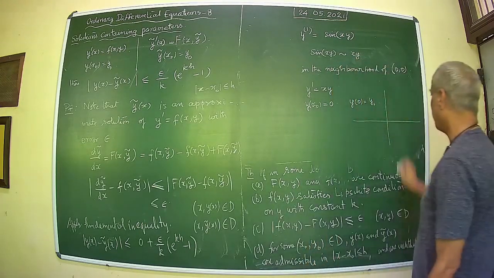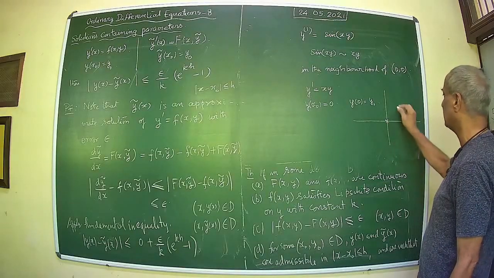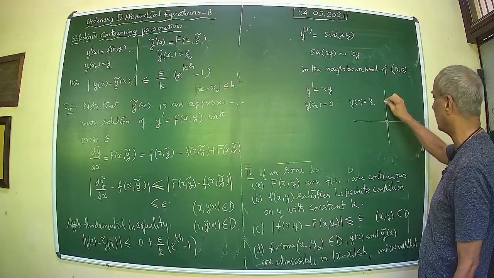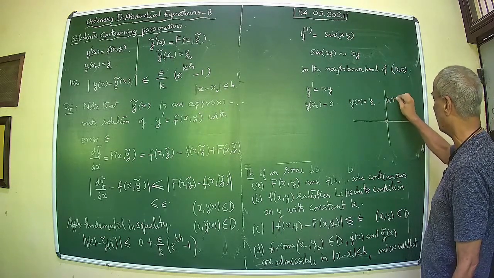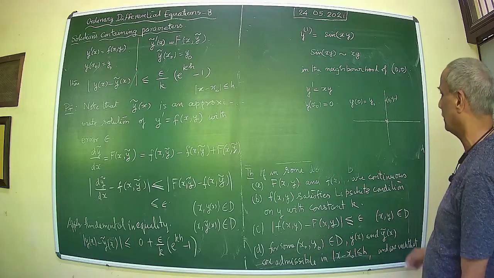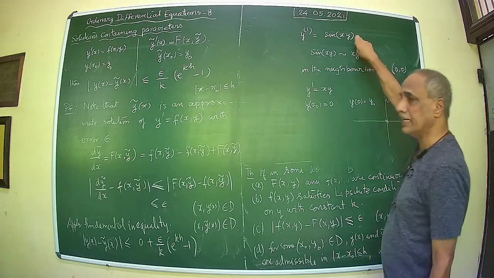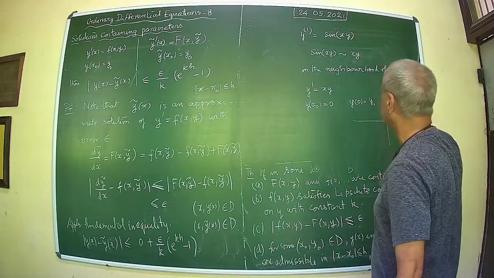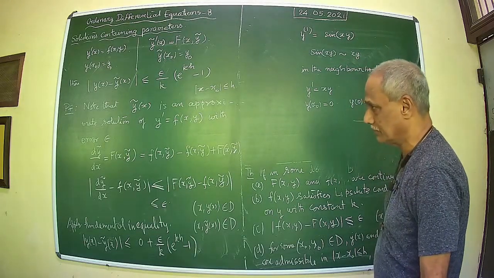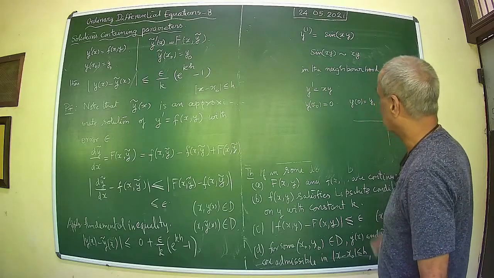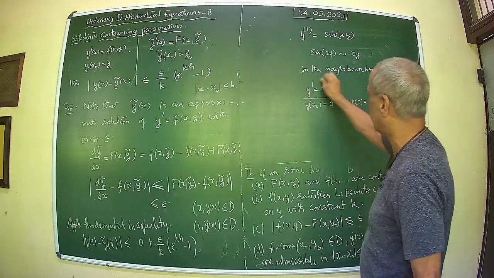That means suppose you take y0 as some point on this. So this is 0, y0, and then look at the solution of that. So this function can be closely approximated by xy in the neighborhood of this line. There is no difficulty.